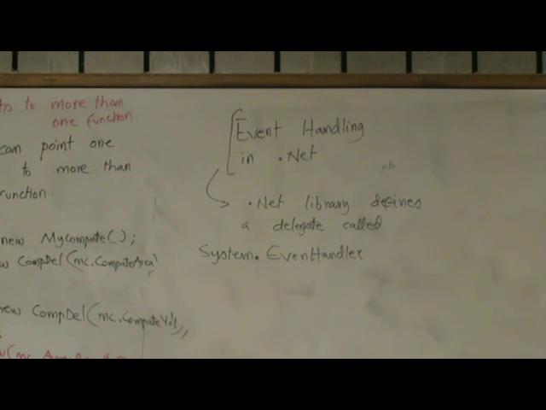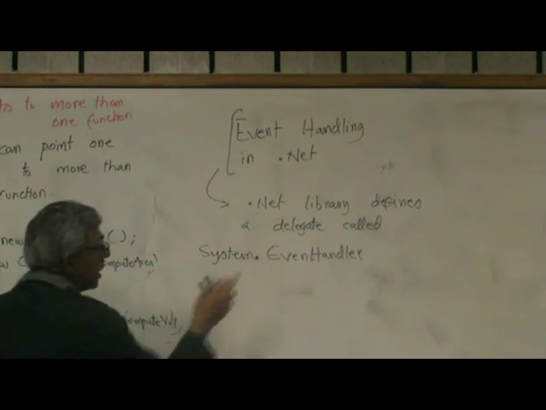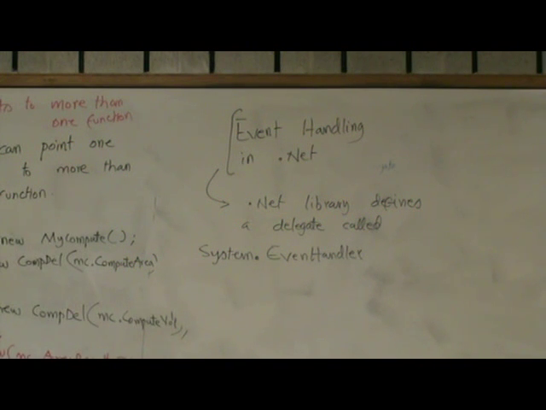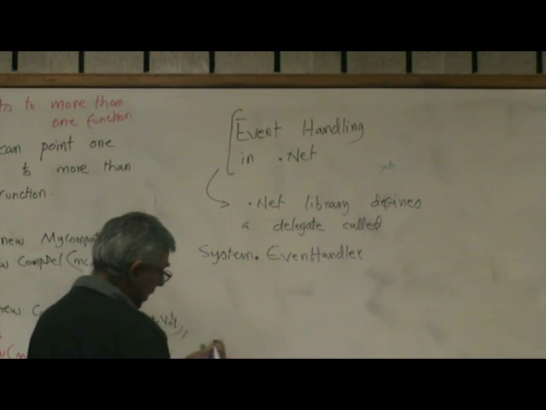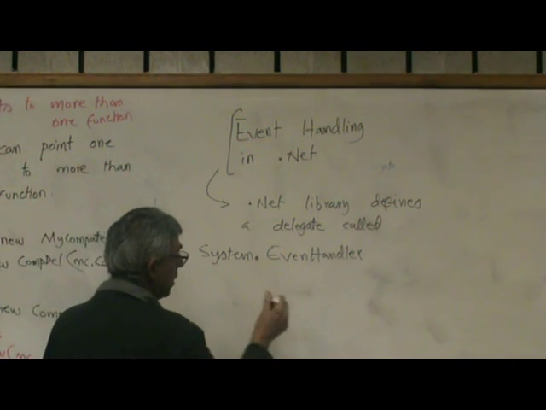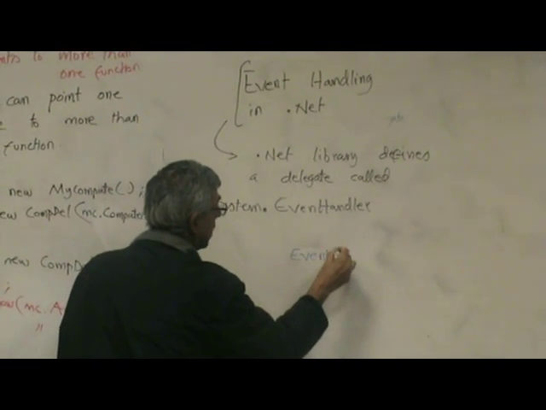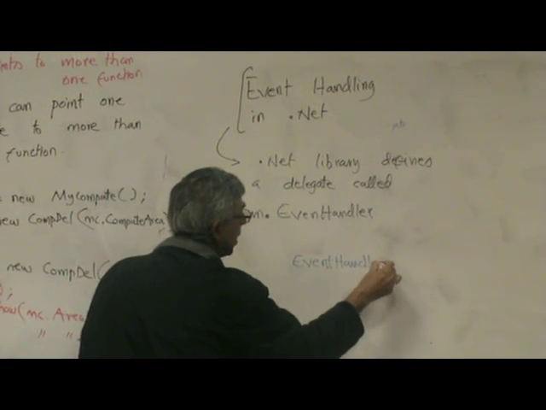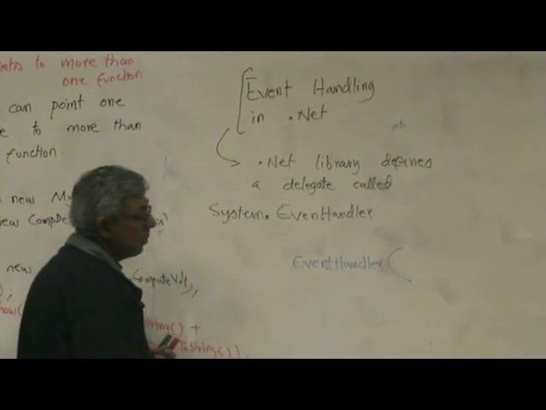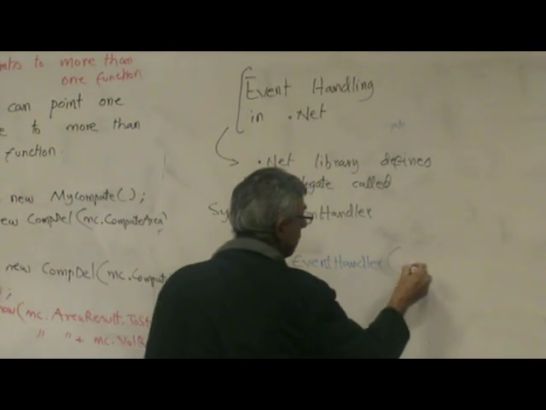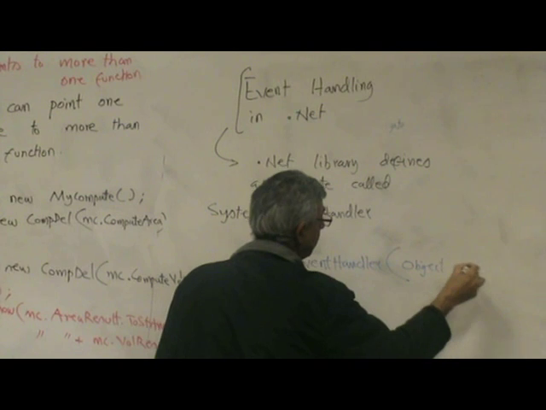How many lines of code we need to write to define a delegate? One line of code. So the way this delegate is defined in the library is, it looks like this. Okay, event handler is the name of the delegate. It takes two parameters. Okay. First is object.